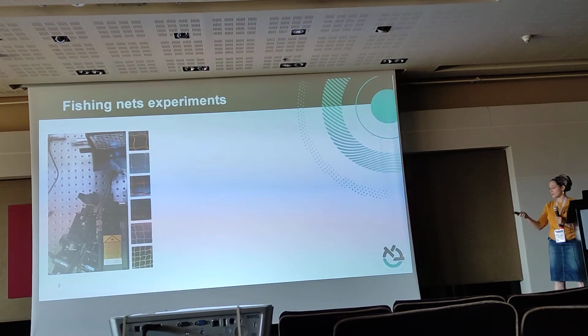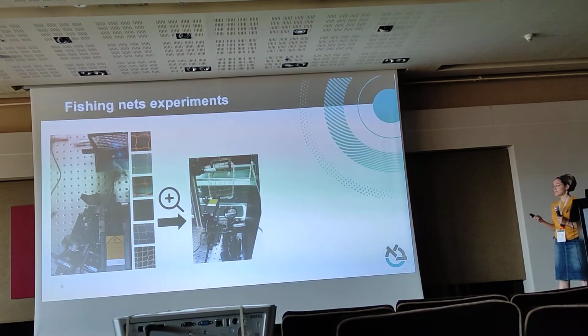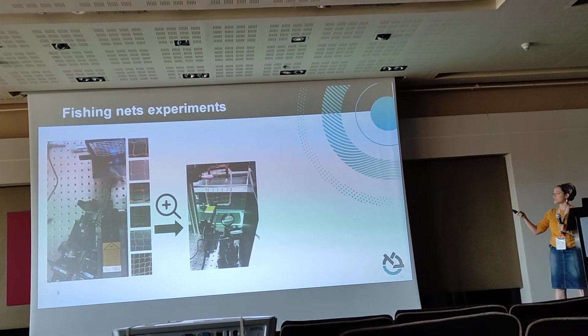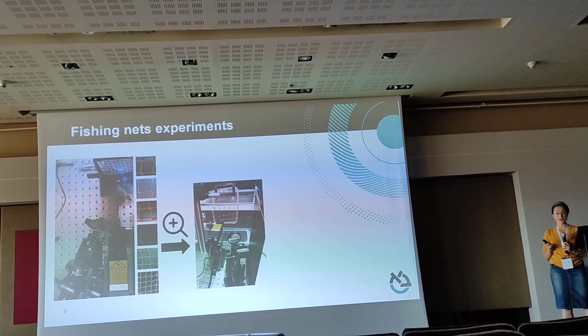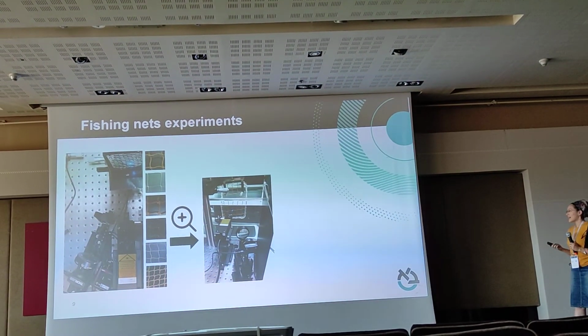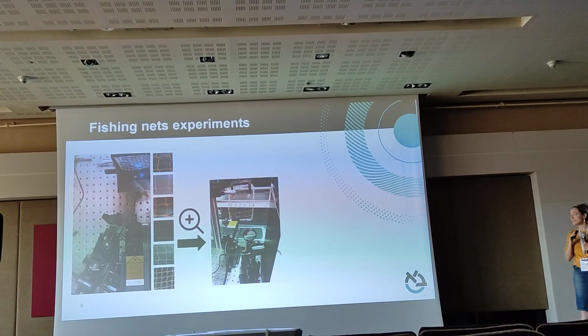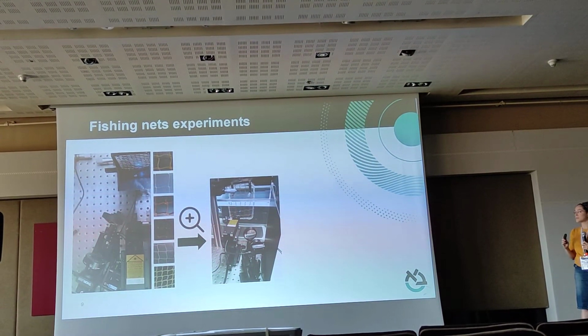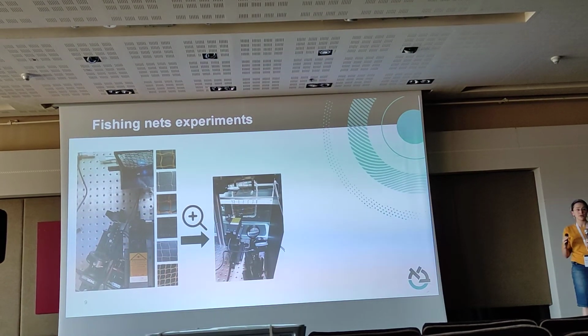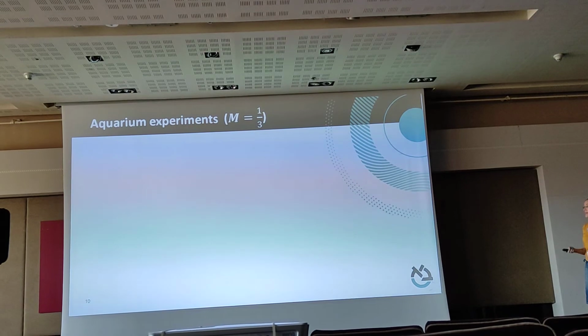Then we upscaled the system, and we measured these fishing nets within an aquarium filled with seawater that we took from Tel Aviv. The results show a highly significant difference between measurement of empty water and measurement of fishing nets. Let me show you.